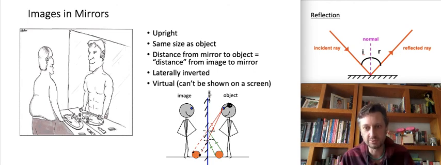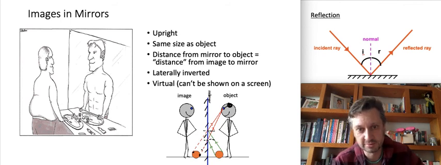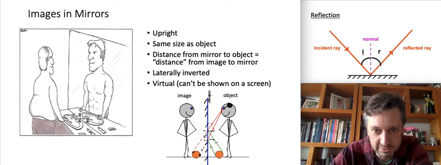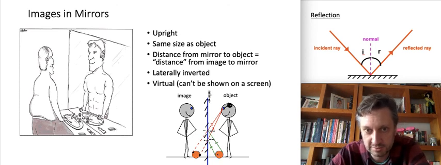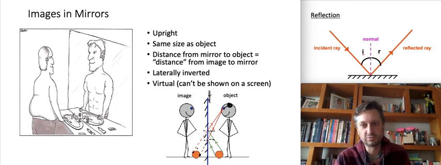And what his brain is doing is constructing an image of where he thinks that football actually is. That football is the same distance behind the mirror as the object is in front. It's upright. He doesn't see the bottom of the football as the top, or vice versa. It's the same way up. Same distance behind as in front. Laterally inverted, and as we said before, he sees a virtual image of that football.